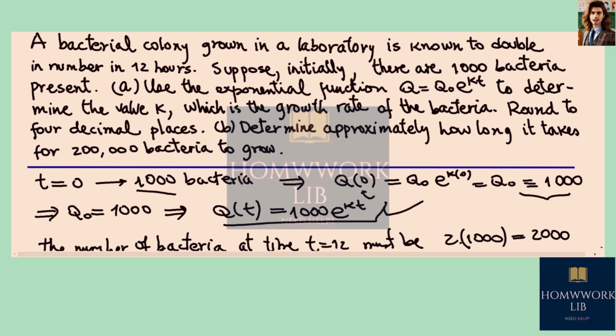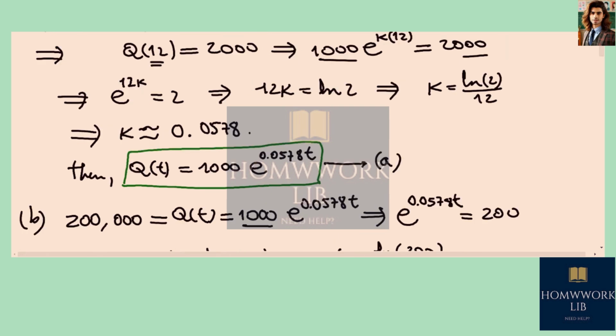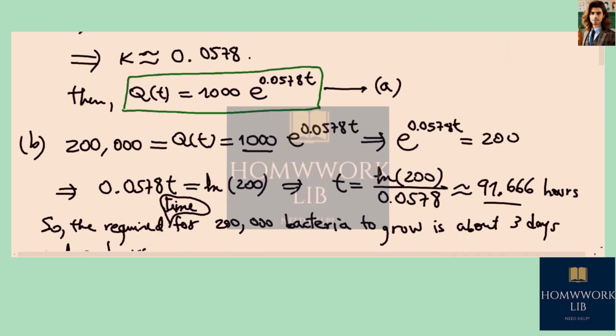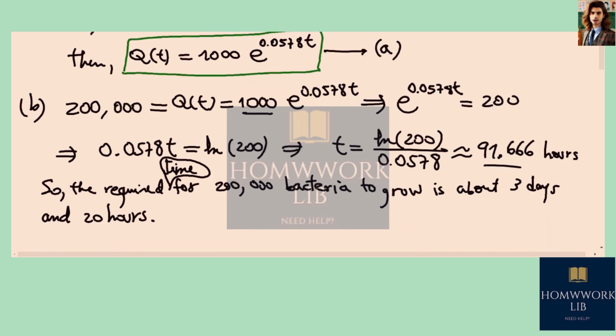With all that information, we determine completely the function q, including the rate of growth of the bacteria, and we found the time required for the bacteria to grow to a number of 200,000.